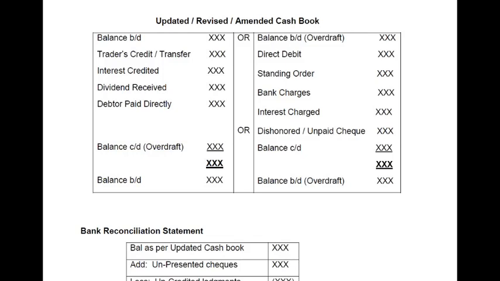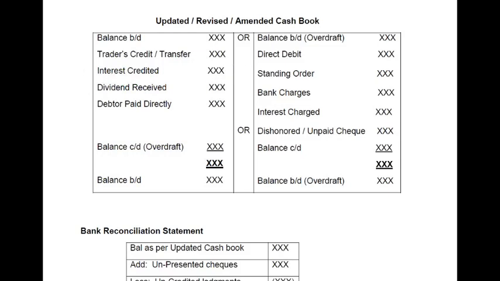A current account is an account that is used for regular day-to-day transactions, and there are some accounts that are not used for regular day-to-day purposes. For example, if I have money in excess of my requirements and I want to save that money, I will open a savings account or a deposit account. And on that deposit or savings account, the bank will be paying me interest or profit. So whenever I get interest, I will be debiting my cash book.